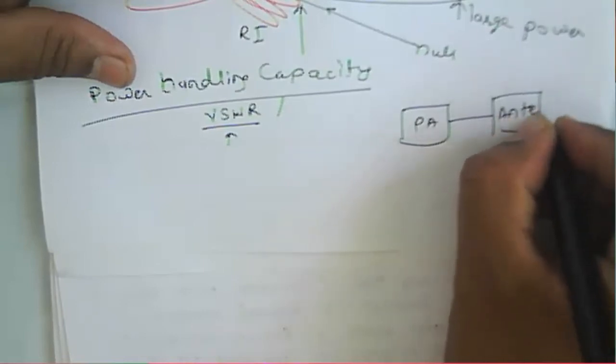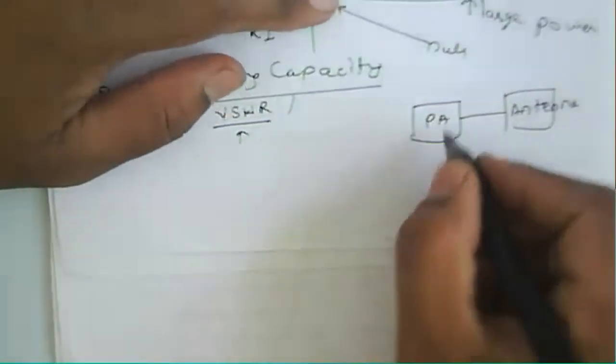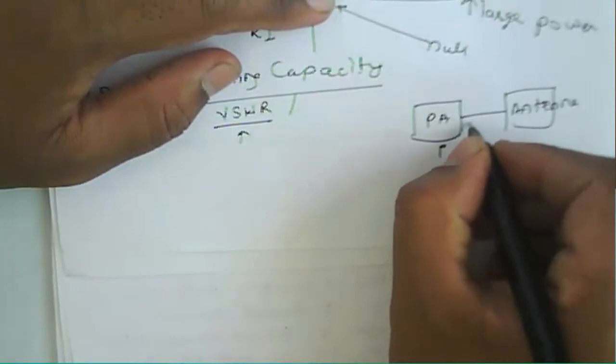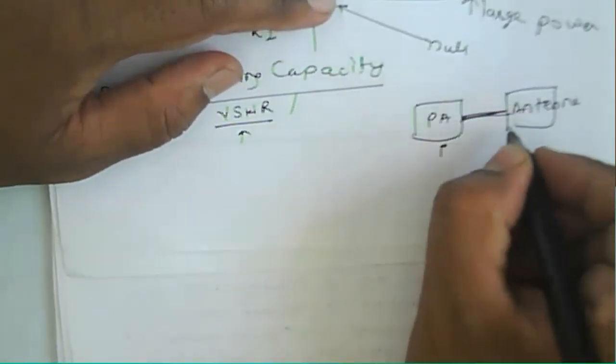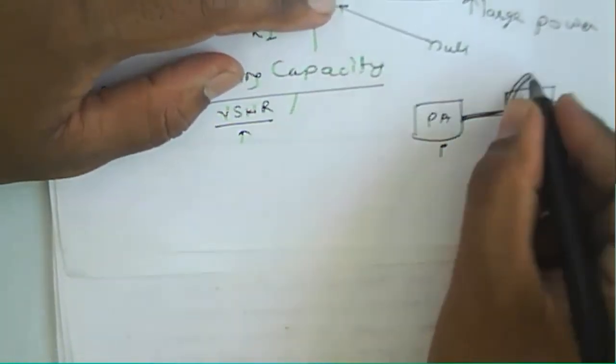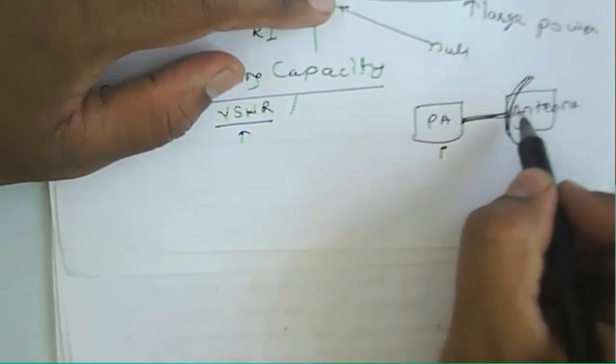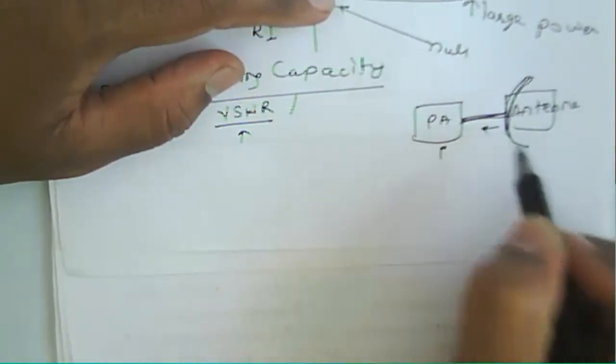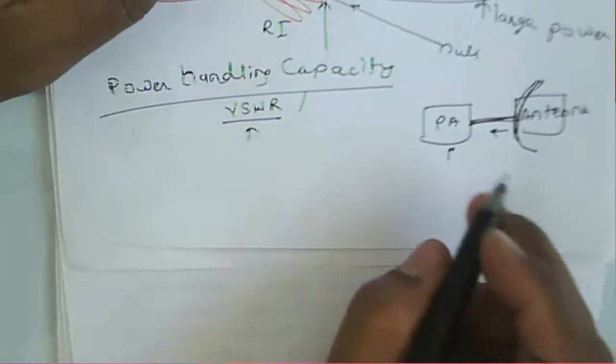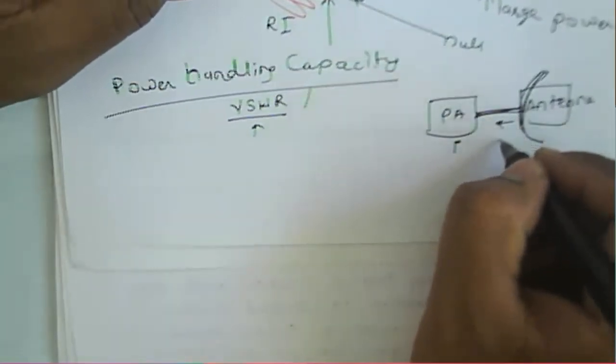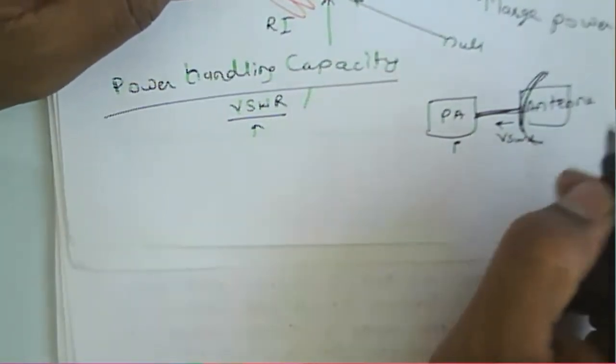Sorry, here is the antenna. Now it generates high power and it will connect to the antenna. When it connects to the antenna, if the handling capability is not large, then there may be a return loss, or we can say that it is about a VSWR at this particular point.